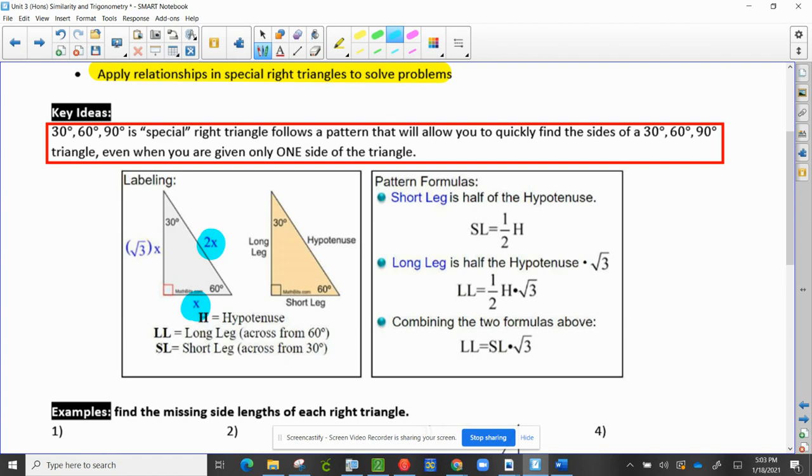Now here's where that radical comes in. Across from your 60-degree angle, on your long leg, we use this relationship: the short side times root 3, so x root 3. That's the relationship we're going to use for all of our problems. So again, the short leg is x, the long leg is x root 3, and the hypotenuse is 2x.